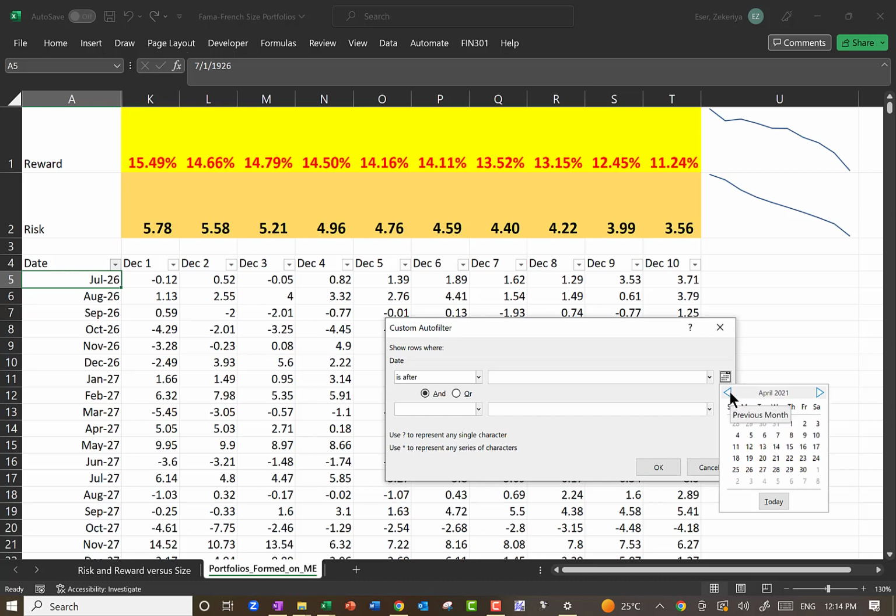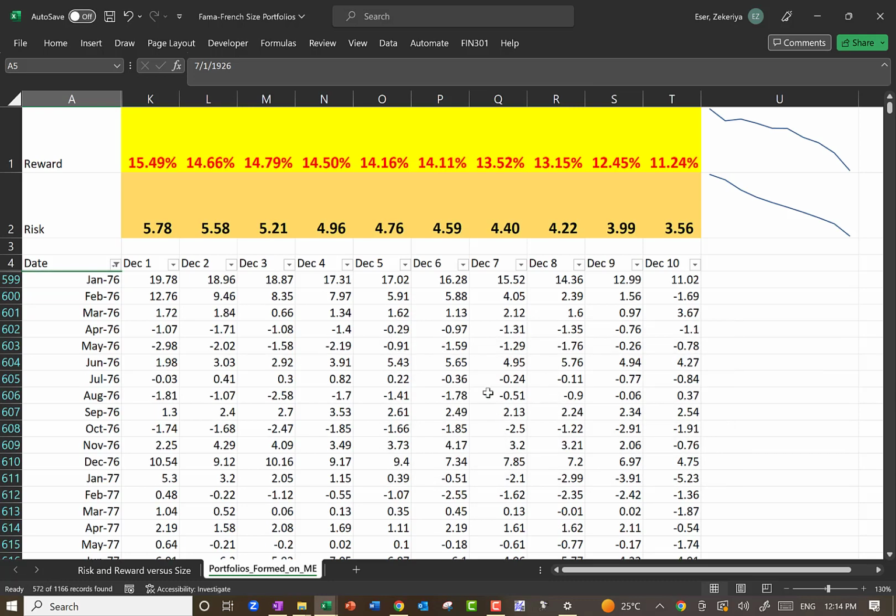I may not go that easily. Actually, let me put this number, then I'll just edit it. So I'm going to do after 12/31/1975. Okay.